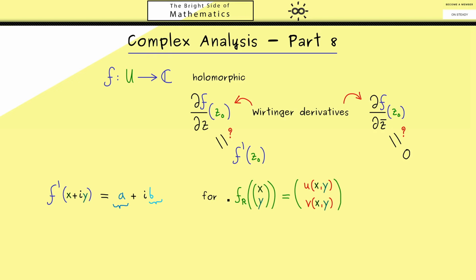This works when we take the real part of the function f as a function u and the imaginary part of f as a function v. And then this a here is du dx and b is dv dx. Of course, both partial derivatives here are to be evaluated at the given point xy. However, in the upcoming calculation, we will omit this point to make everything clearer.